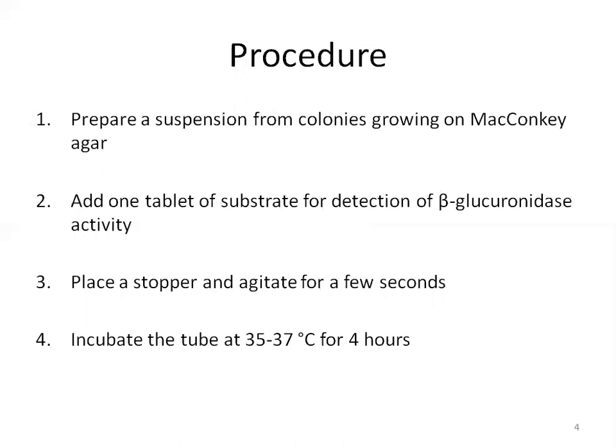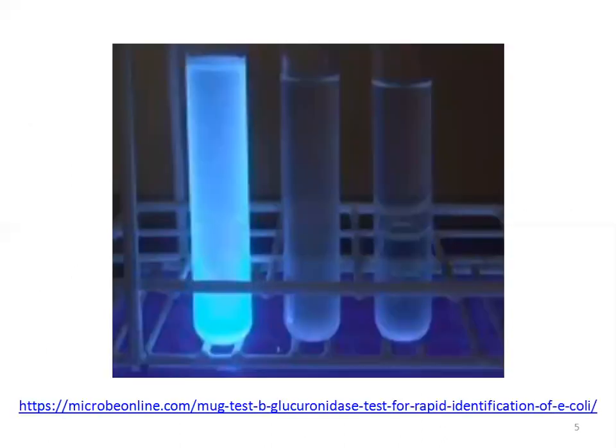The appearance of a yellow color in the supernatant is an indication of a positive test for E. coli. But for the confirmation, you will observe the sample under UV light. Here in this picture, you can see the results under UV light.